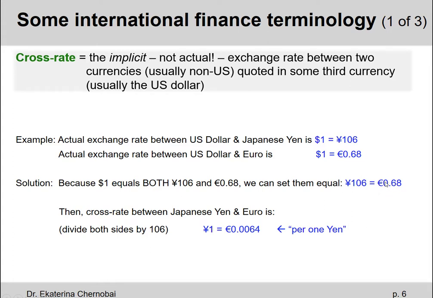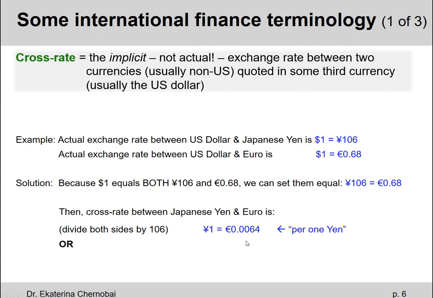And 0.68 of a euro divided by 106 gives 0.0064 of 1 euro. So this is the exchange rate, the cross rate, the implied exchange rate between the yen and the euro, expressed in terms of how many euros it is per 1 Japanese yen.